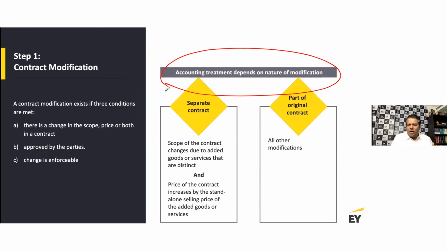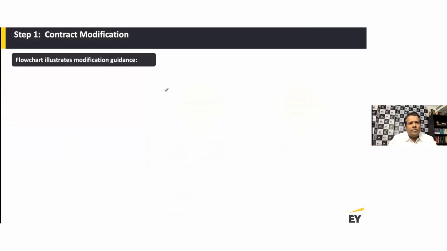If it is a separate contract, then you again follow the steps of revenue recognition under Ind AS 115. But if it is a part of the original contract, then you do essentially a cumulative catch-up accounting, right? We will try and understand this with the help of an example where we will say that it is considered as a separate contract, and how the accounting changes when it is considered as a part of the same contract. Then what is the impact on the accounting, from that perspective.